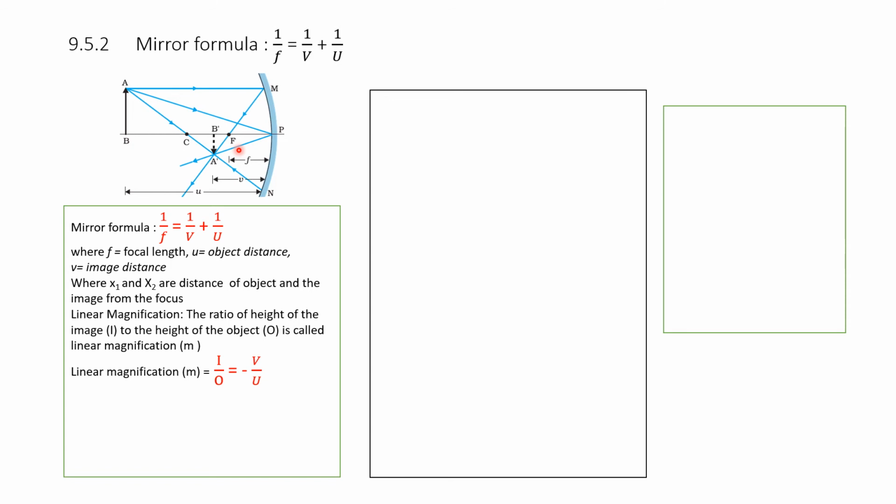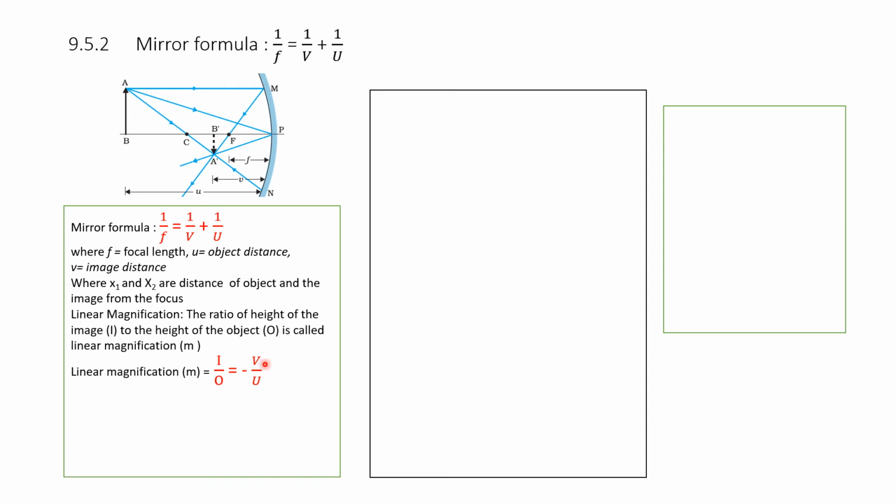Linear magnification is defined as the ratio of the height of the image to the height of the object, and it is called linear magnification m. Therefore, m is equal to I by O, that is height of image over height of object, and we have to prove that I by O is equal to minus v by u, that is image distance by object distance.